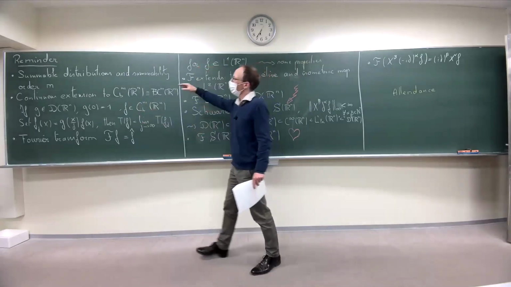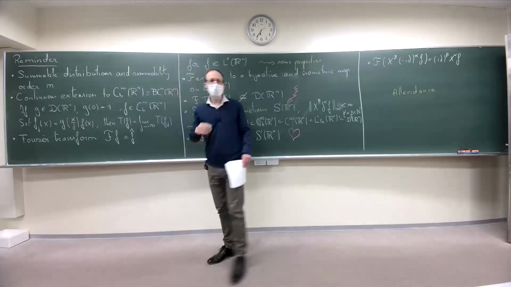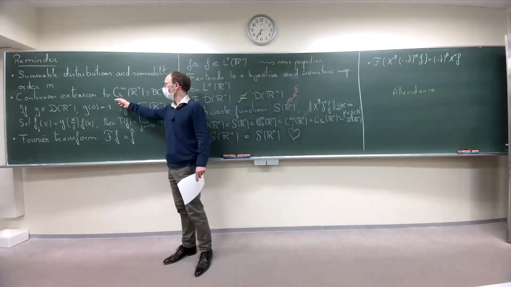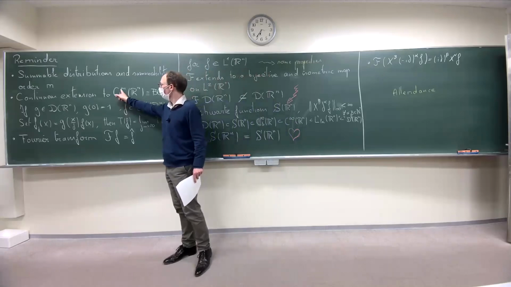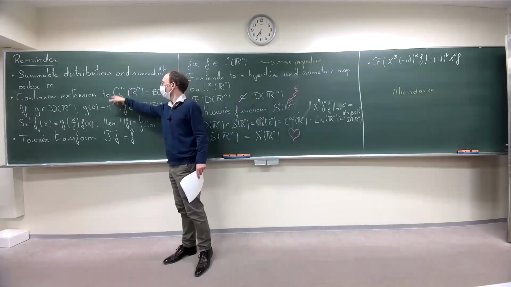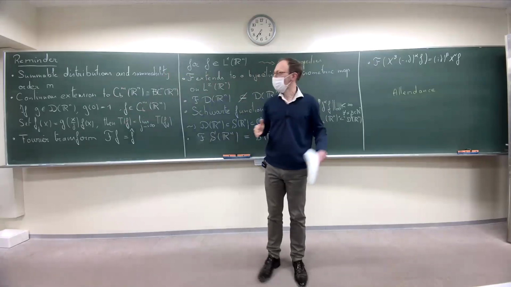Whenever you can check that the distribution is indeed summable and has a summability order M, you can extend it, so you can apply it to a much larger set of functions, which is the set of continuous functions which are M times differentiable, and all derivatives are bounded. If you think about this, this is much bigger because it doesn't even require the function to have bounded support.